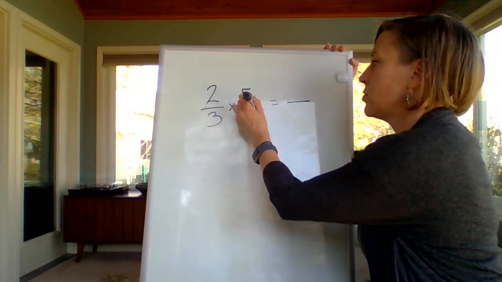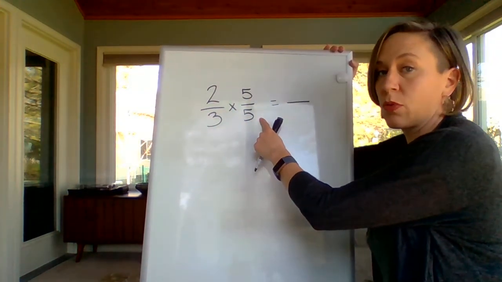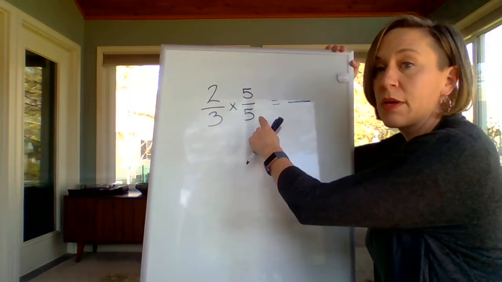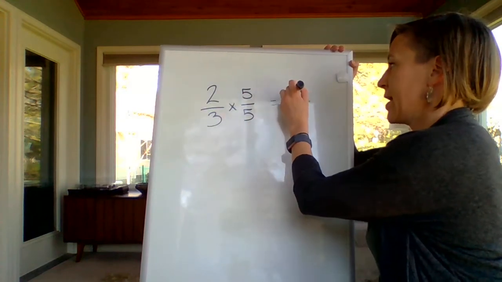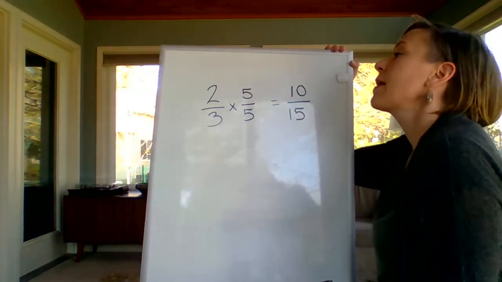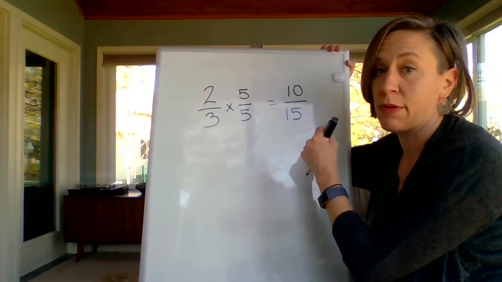So I could do 5/5. We know that 5/5 is equal to 1 whole because anytime the numerator and the denominator are the same, it's equal to 1. So I can multiply 2 by 5 and get 10, and 3 by 5 and get 15. And then I can say that 2/3 is equal to 10/15. They're the same amount.